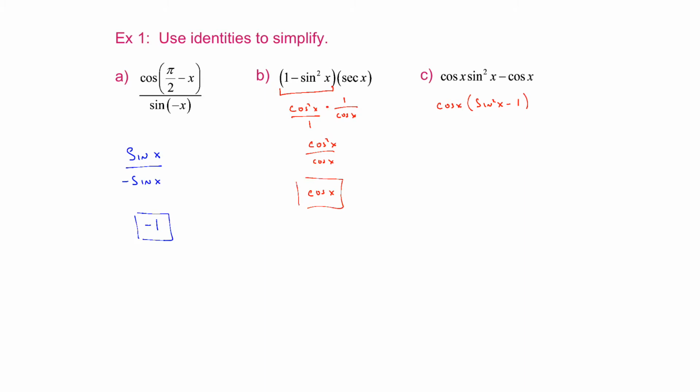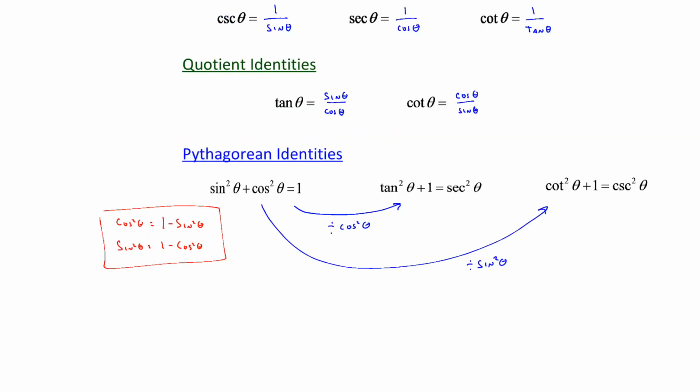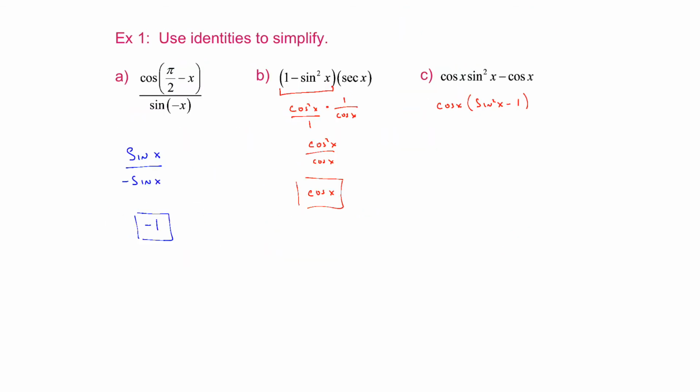Let's once again go back, because it's a little different than 1 minus sine squared. If we go back to our Pythagorean identities, we don't have a sine squared of x minus 1. We do have a 1 minus sine squared. So can we take sine squared of x minus 1 and factor out a negative so that we can get what we want? That would be a positive 1 now minus a negative sine squared of x.